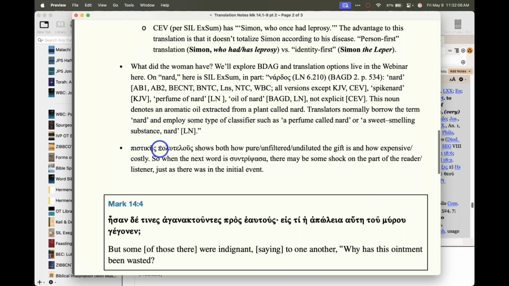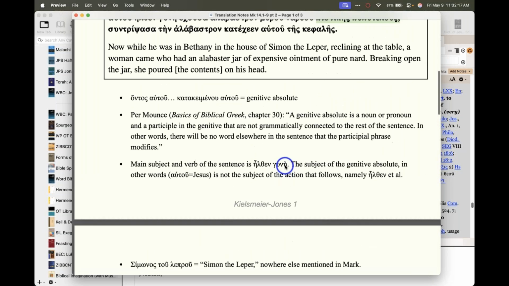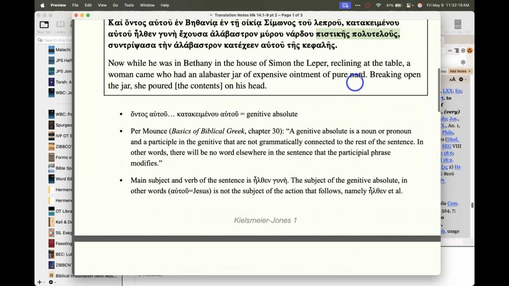So pistikes polutelous shows what the gift is, but maybe something about how it's offered. But now, when the next word is shatter or break, breaking open the jar, there's some shock there. This is really good stuff, and that jar is there to protect it, to preserve it. This is not stuff that you're just carrying around in your cupped hands, where it might slosh around and spill out.